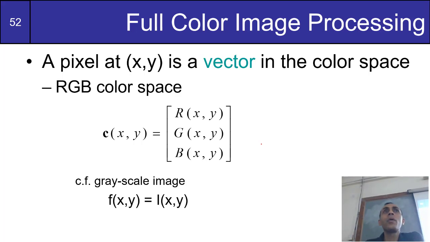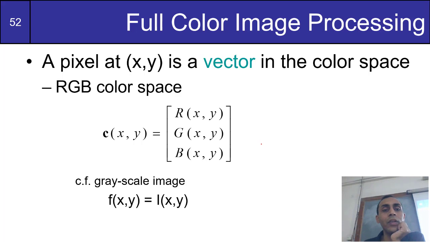We can also do other low level processing that we did for grayscale, like smoothing operations, intensity transformations, histogram equalizations. All those things which we did on grayscale values can also be extended for color images. So let us see how they will be extended.